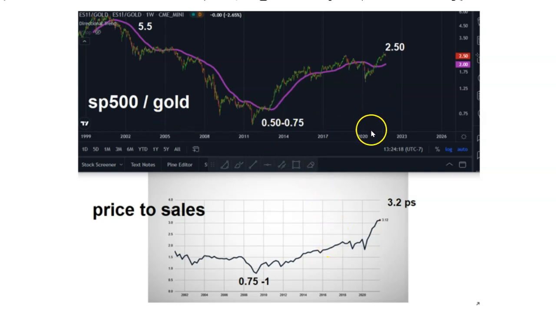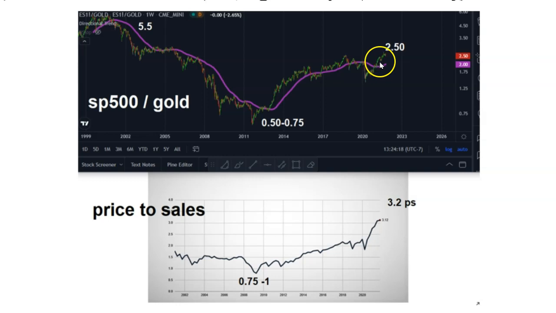It was a very similar ratio. The S&P to gold ratio, or the S&P in terms of gold, was below 1, just like price to sales. And the S&P in terms of gold, instead of dollars, was over 2, just like price to sales. So this is a second layer of valuation.